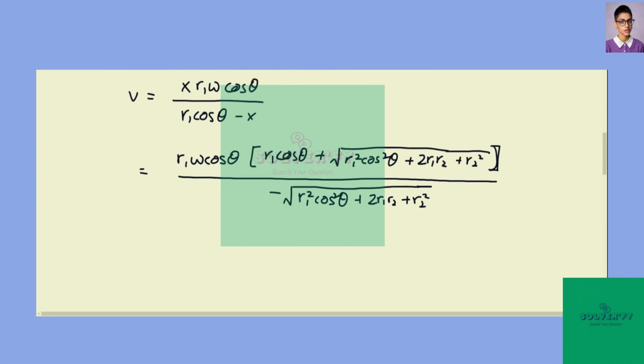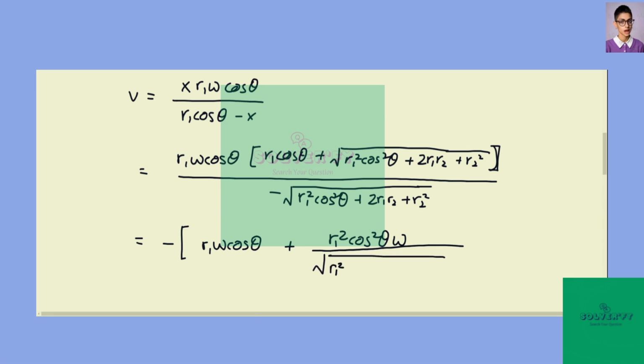Then we continue the algebra. You can take out the minus sign, and you see that there's this term which is the same as the denominator. So you get R1 omega cosine theta as the first term plus R1 squared cosine squared theta omega divided by the square root of R1 squared cosine squared theta plus 2 R1 R2 plus R2 squared.